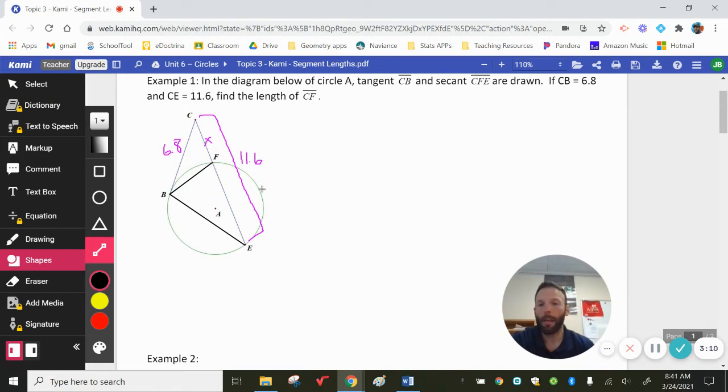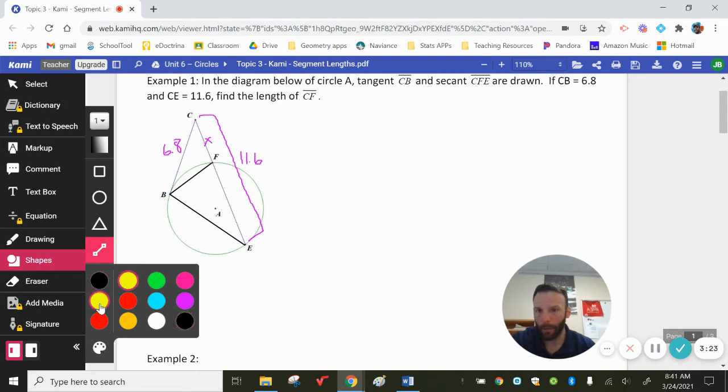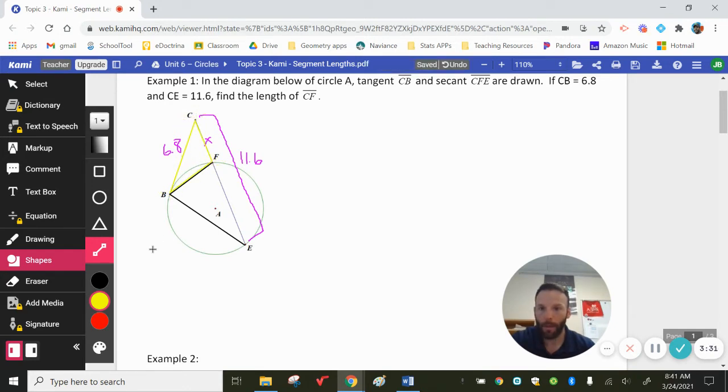Now, if you have a triangle that sits inside of another triangle, then we know we at least have one angle that's the same. Let me go back to my shape tool and choose a color. I'm going to go with yellow for one. You see the triangle that goes from C to B to F, that I'm going to trace in yellow right here.